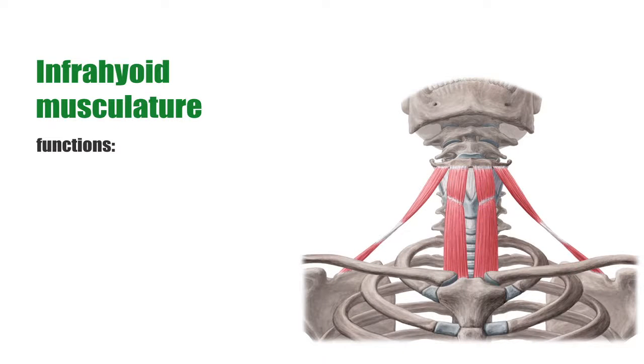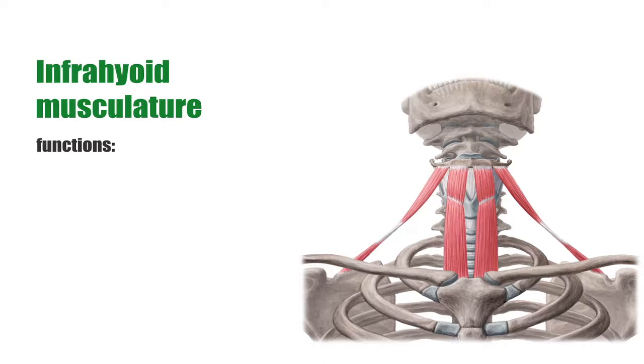These muscles in general will be responsible for positioning of the hyoid bone along with the suprahyoid muscles, and are also involved in swallowing and movement of the larynx and the hyoid bone. So all the movements are related to the points of attachment. When these muscles contract, they will produce movements and actions or functions associated with these areas of the body.